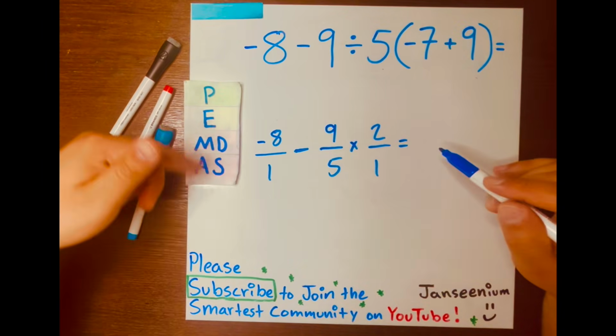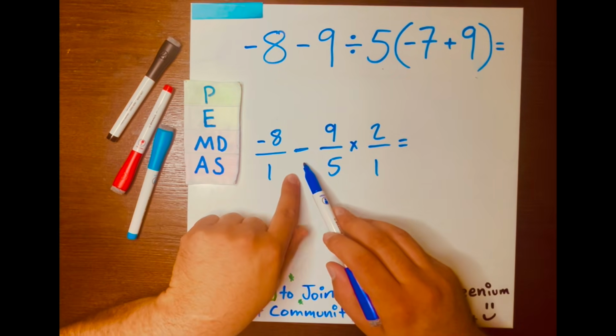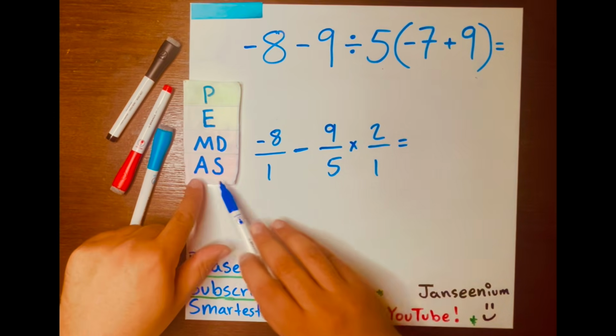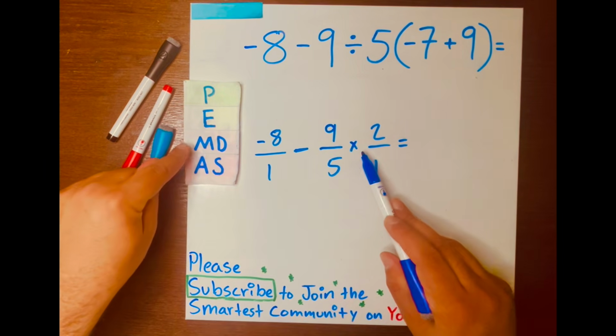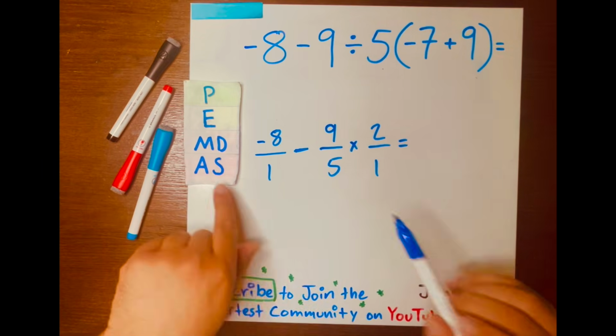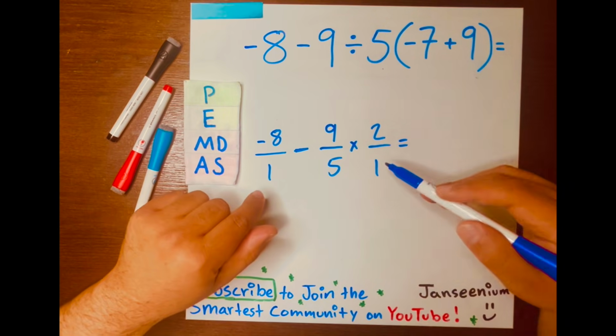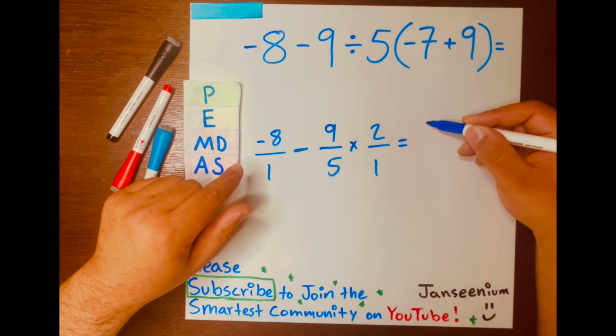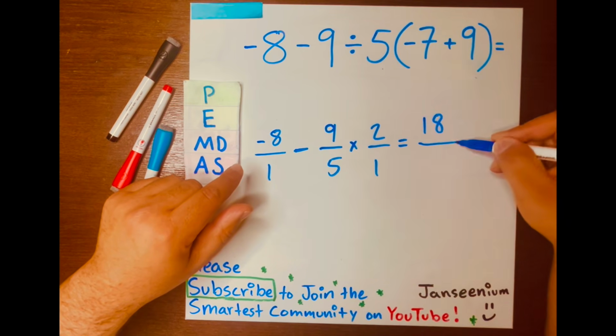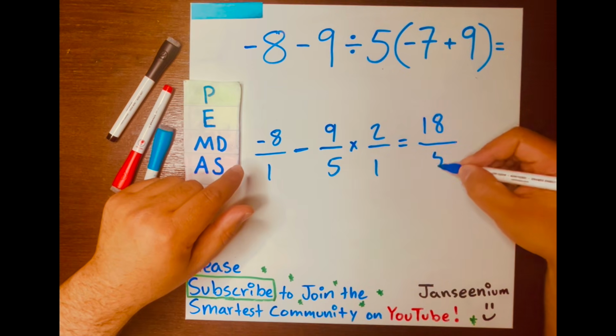And looking at PEMDAS, subtraction, it's a no-no. That's the lowest level. Multiplication is a yes. That's above the subtraction level. So multiplication wins. So 9 times 2 is 18 over 5 times 1 is 5.